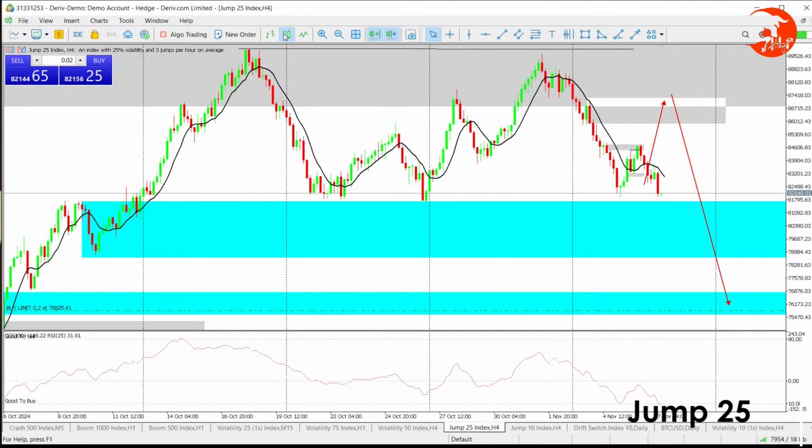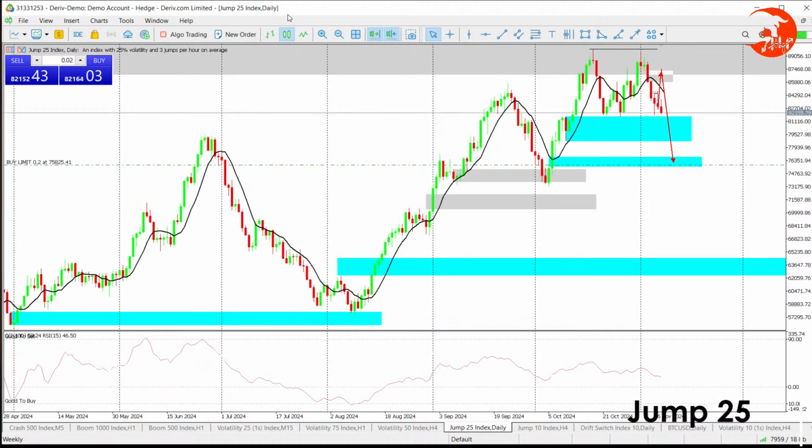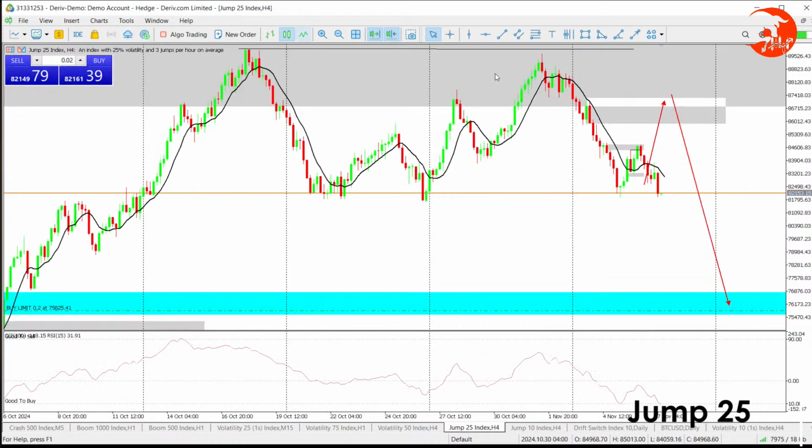So let's go back and see what that is. That is a daily order block, so I will delete it and rather look for an H4 order block where we are having this reaction, and then I'll draw it.